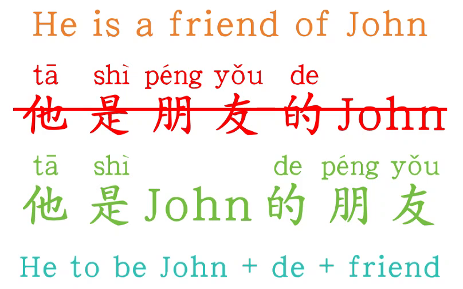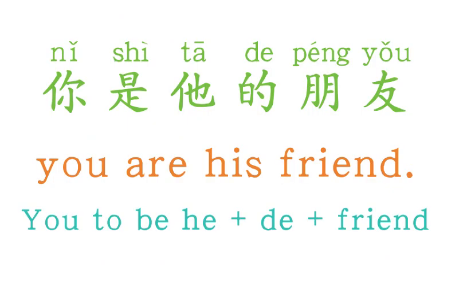Okay, now let's come back a little bit to the yes or no question part. So try to make the question, are you his friend? How to say this? First of all, we make the statement, you are his friend. That is, 你是他的朋友. And to make the yes or no question, are you his friend?